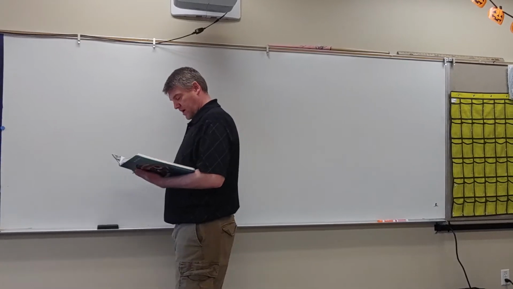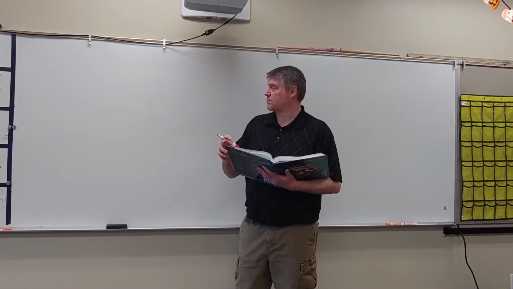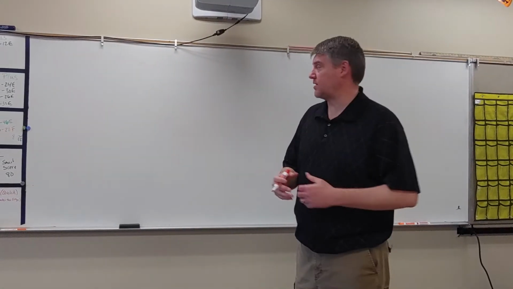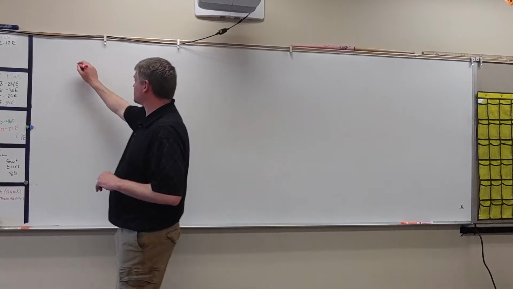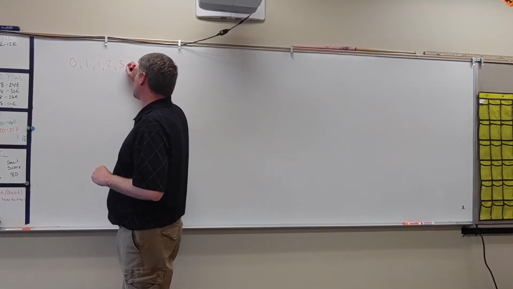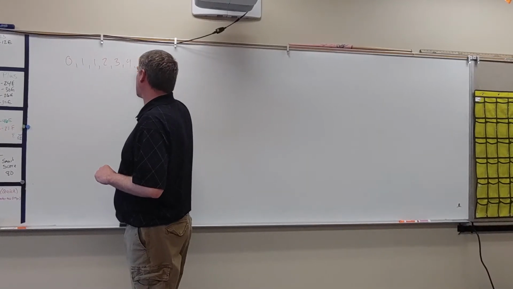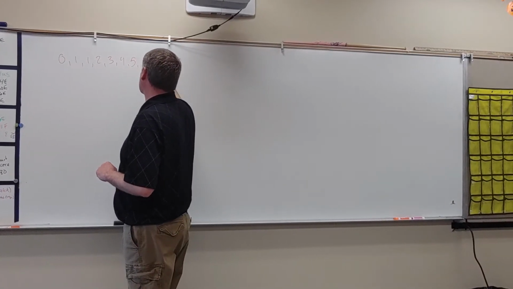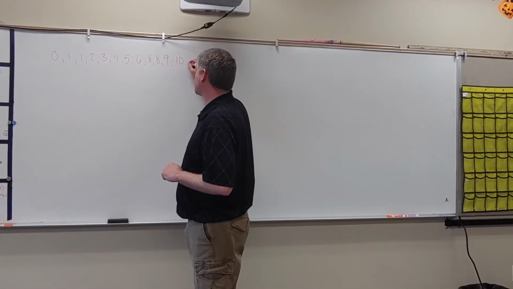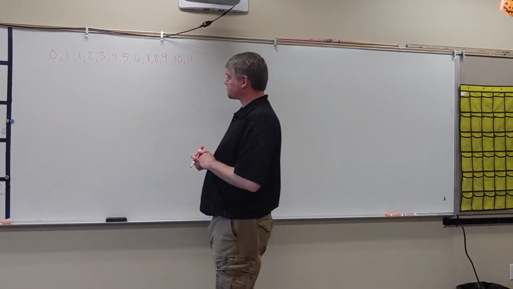So if I were to come here, I'm going to put these data values in order because it's easier for me to kind of see. In your book, they're not going to be in order. All right, so 0, 1, 1, 2, 3, 4, 5, 6, 8, 9, 10, 11.